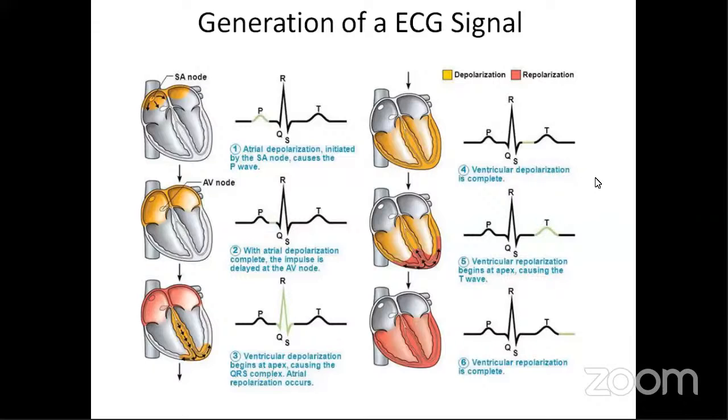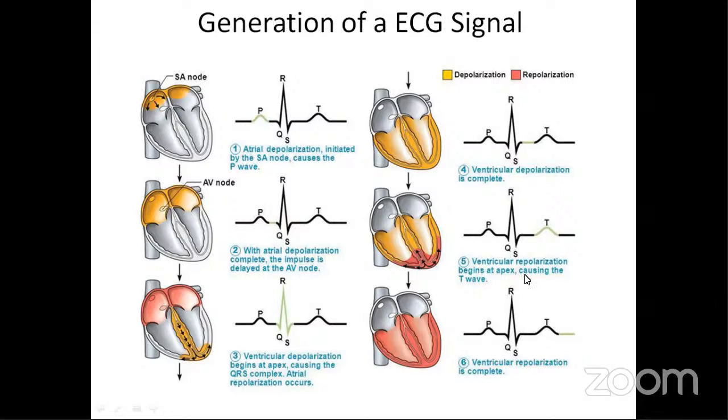Next, ventricular depolarization is completed, which is shown with the help of the QRS wave. The fifth one is ventricular repolarization beginning at the apex and causing the T wave.